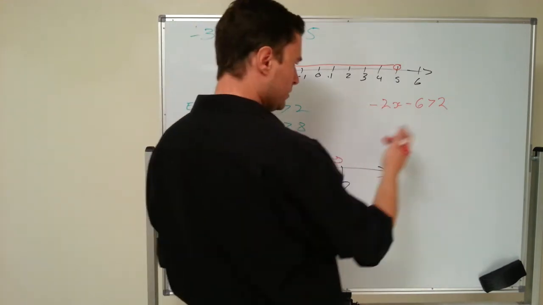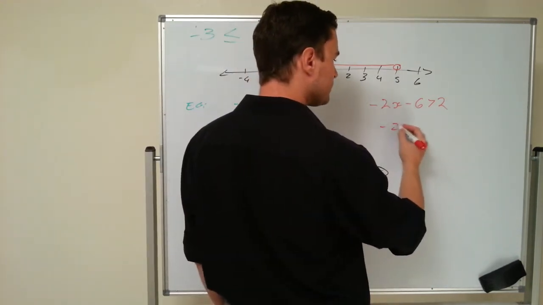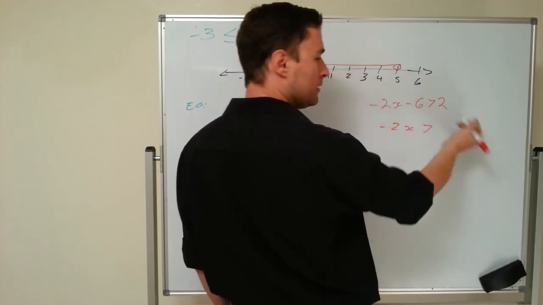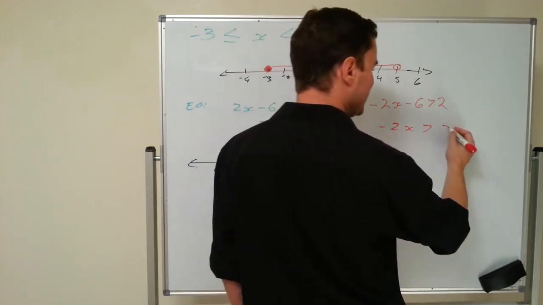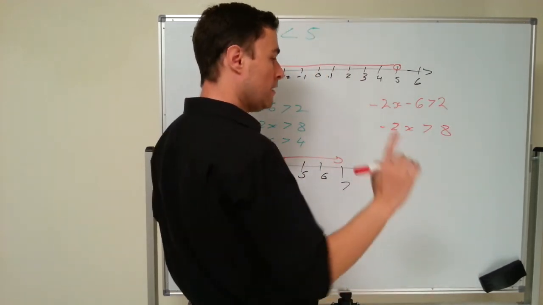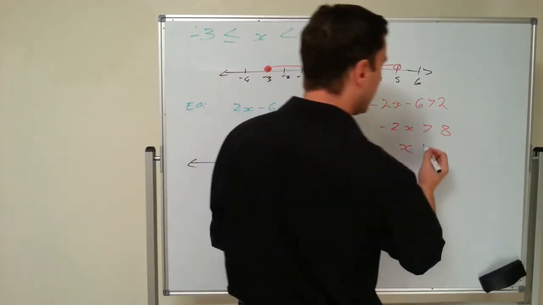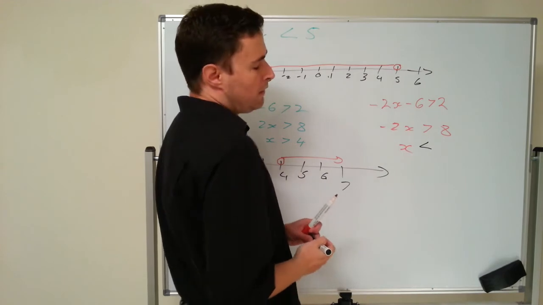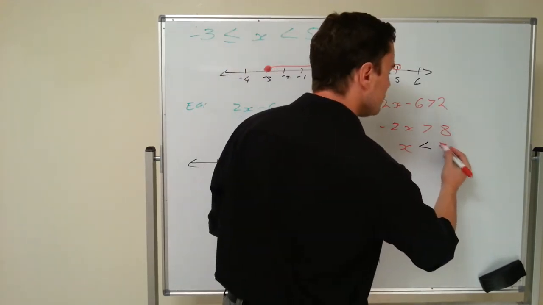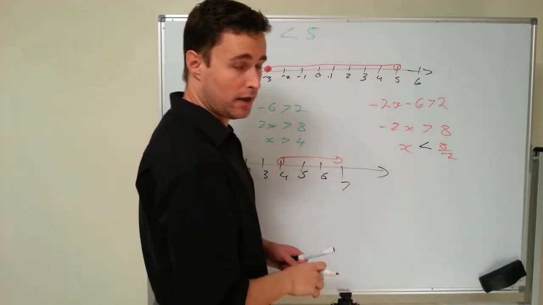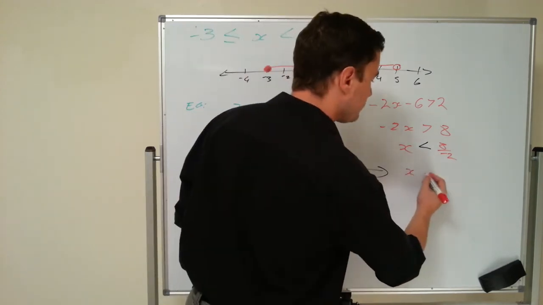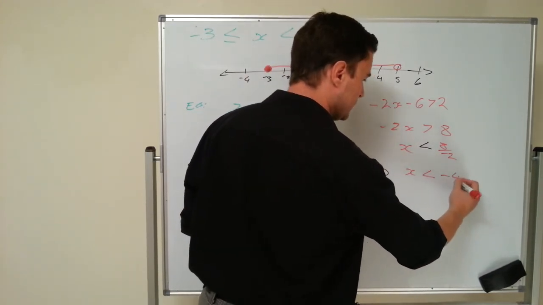So let me just do this. Minus 2x is greater than 2 plus 6 is 8. You with me? Now here's the thing. x, when I divide by a negative, I flip the inequality. That's all you have to remember. 8 divided by negative 2. Okay? So then x is less than 8 divided by negative 2, which is negative 4.